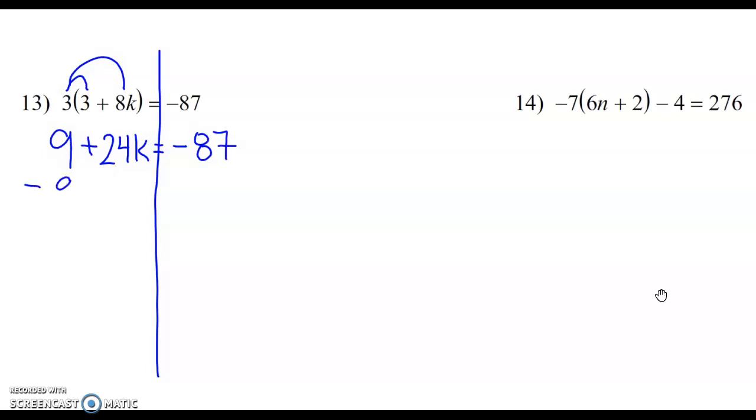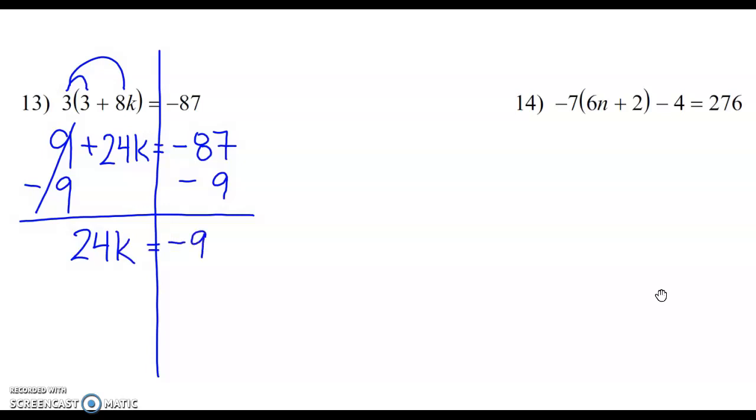To move a 9, we would subtract 9. So we're sitting at 24k equals negative 87 minus 9 is negative 96. Make sure you use your calculator for that if you're going to struggle. Better to use your calculator than not. So then when we divide by 24, negative 96 divided by 24 is negative 4.